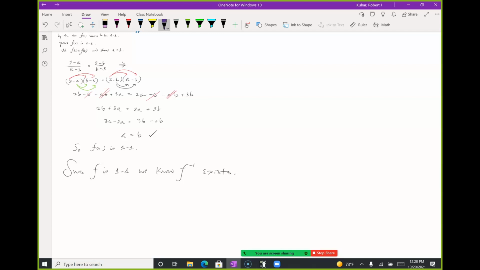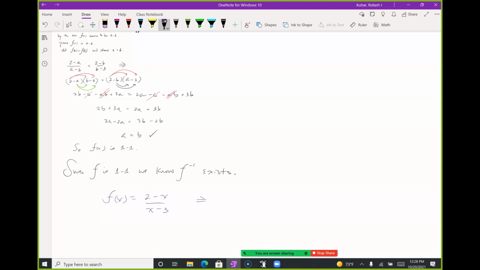So since we know the function is 1 to 1, we can find the inverse, and that's our next piece here, right? Pretty long first question on the next test. It's going to take 5 pages to write it out, but what else you got to do, right? So we know that f of x is 2 minus x over x minus 3.